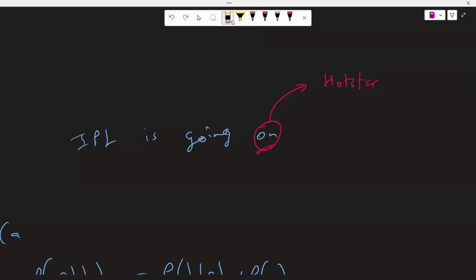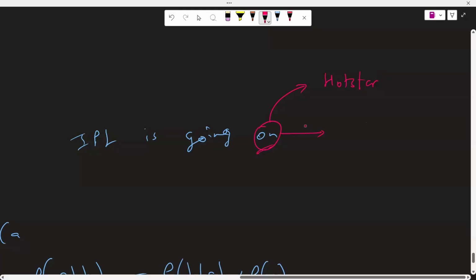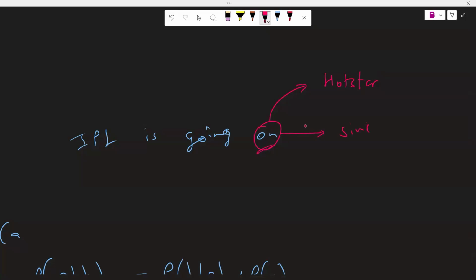Second option is, let's say, since, maybe since last 10-15 years, something like that. The next word, one of the options can be since. IPL is going on, and there could be other options as well.